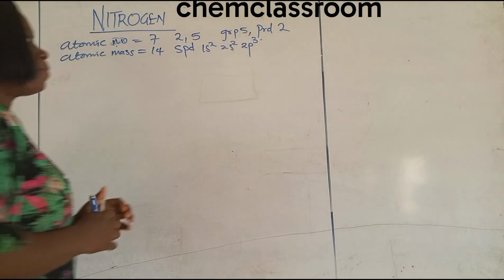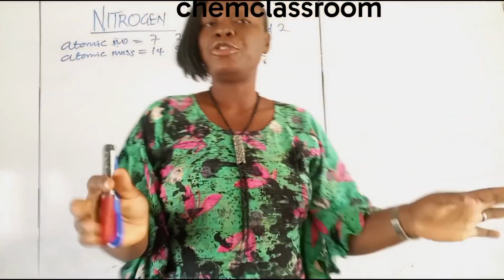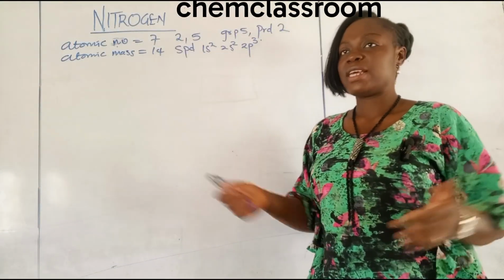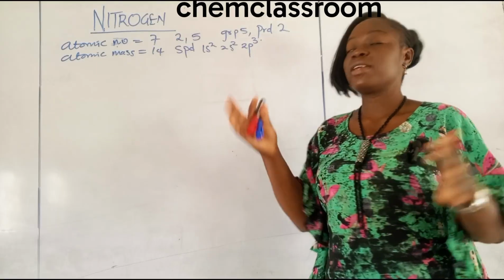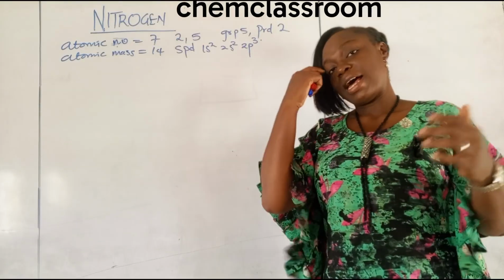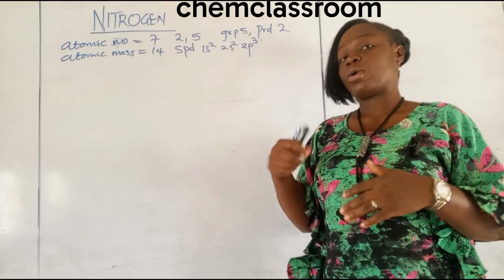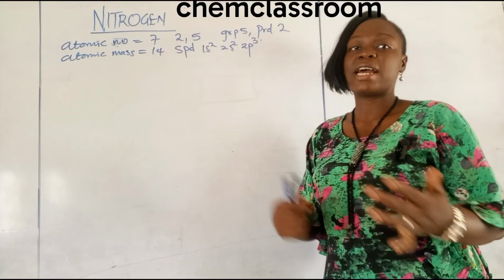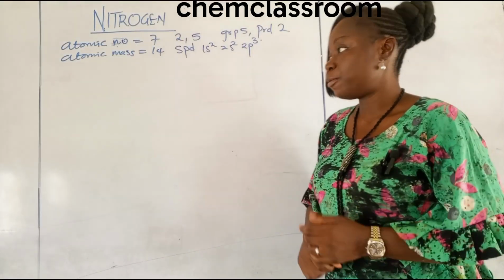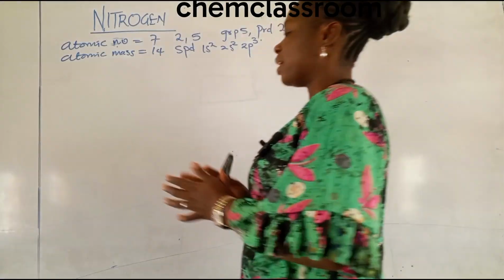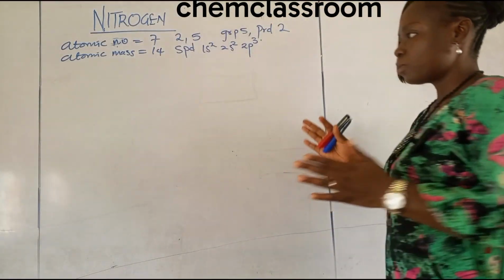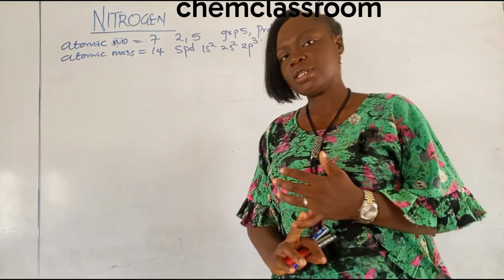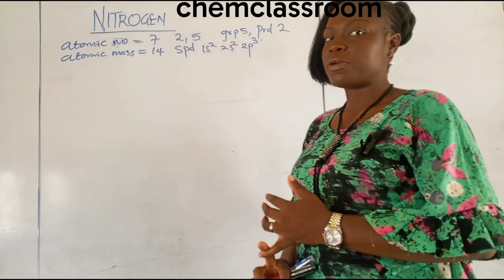Now, nitrogen can occur in the atmosphere. In fact, it makes up about 78% of the atmosphere. It can occur freely in the atmosphere, and you can also find it in combined state in nitrates, in plant and animal protein, and all that. Then we'll also be discussing the preparation of nitrogen.